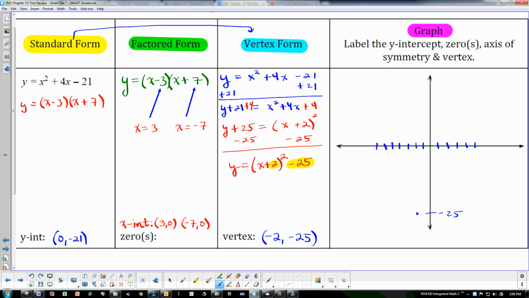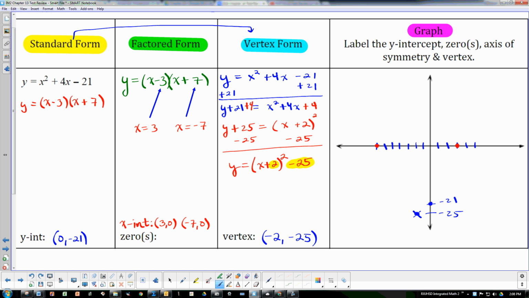So maybe that right there would be the vertex. Looks like I have a y-intercept of 0, comma negative 21. So let's just roughly sketch. This is negative 21, let's say. I have x-intercepts of 3 and negative 7. So here's 3 and negative 7. So we're going to go 1, 2, 3, 4, 5, 6, 7.